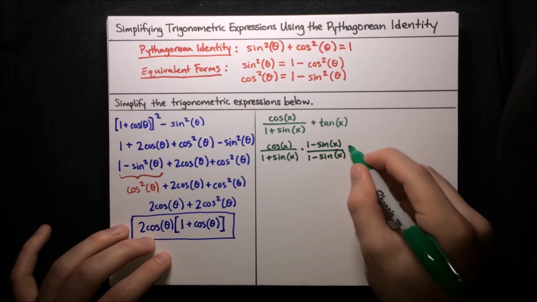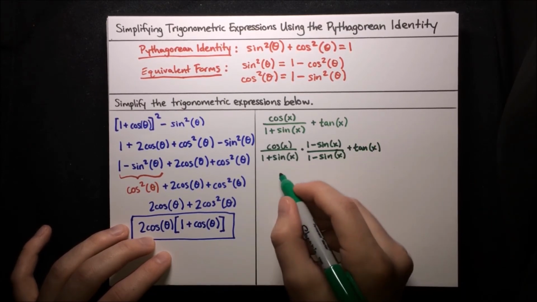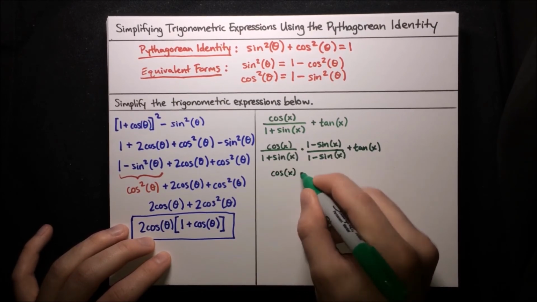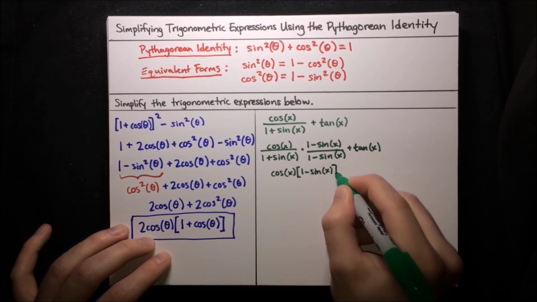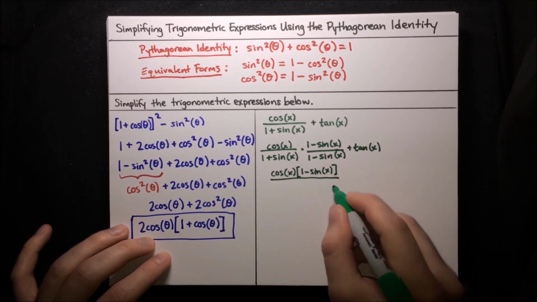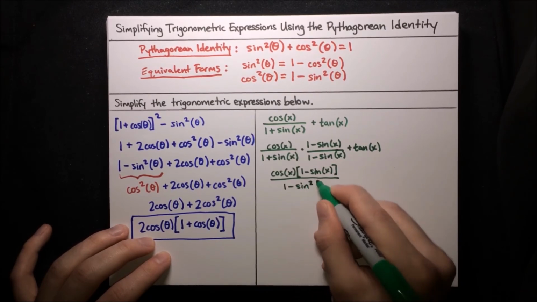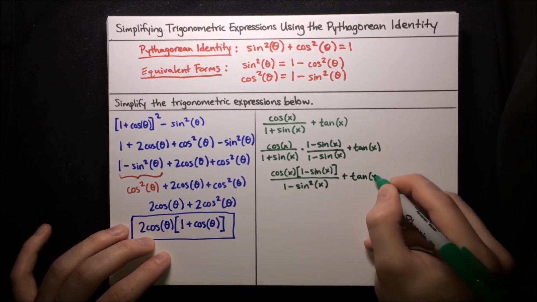So then we still have the plus tan x over on the side. Multiplying that through, on the top we just have cos x times (1 minus sin x), and then on the bottom we've got our difference of squares, 1 minus sin² x, then plus our tan x at the end.